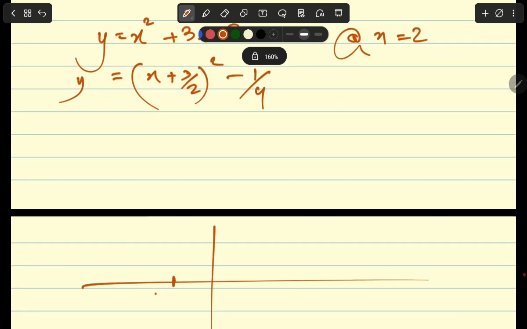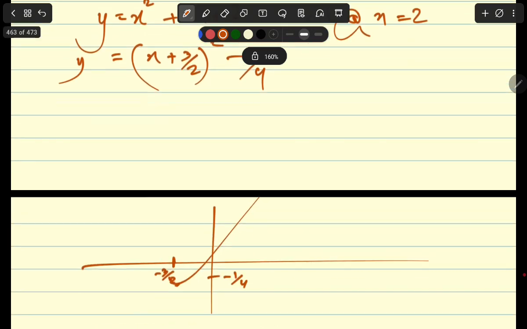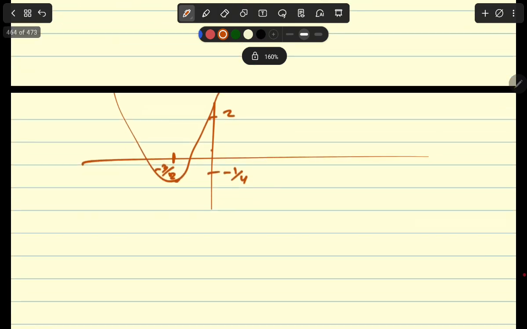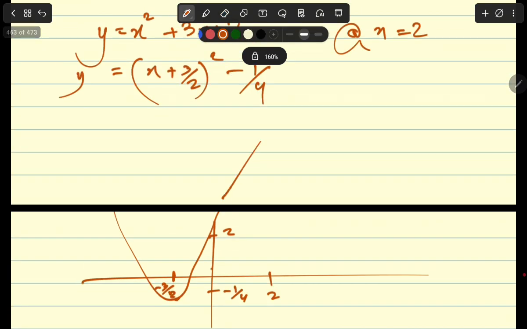At minus 3/2, it's minus 1/4, and this is the minimum type. So the function goes like this. It cuts at 2. Now, what if it is asking you to find the equation of a tangent at x is equal to 2? Say 2 is here, so the graph is going to go up like this.